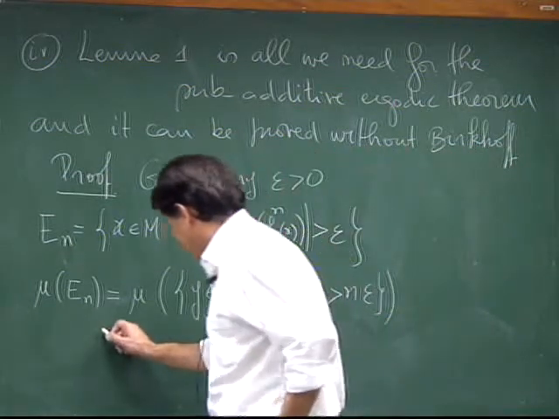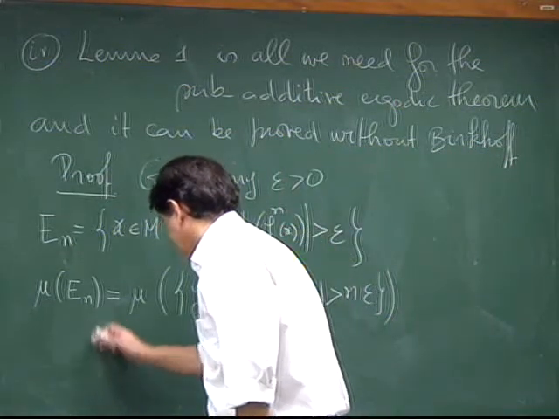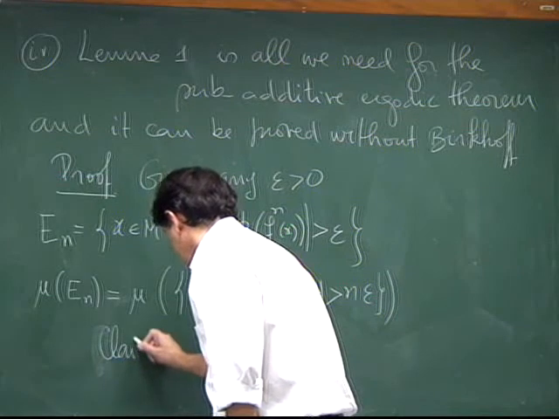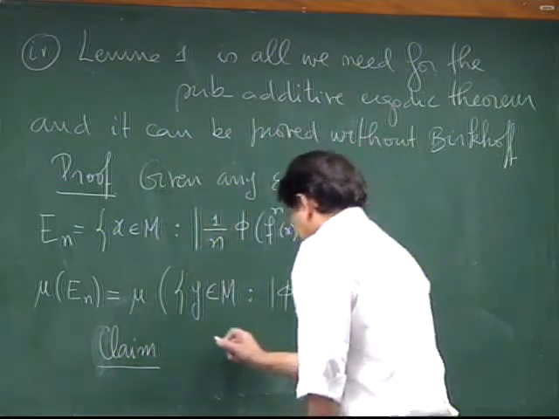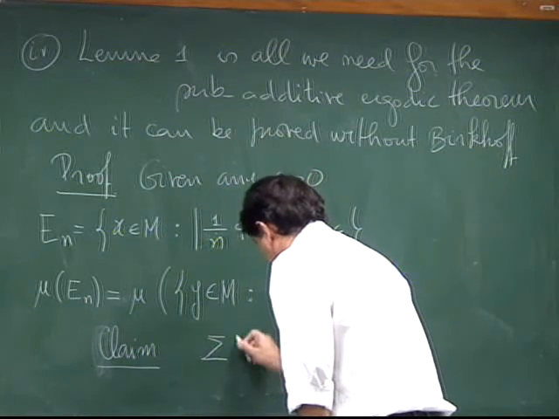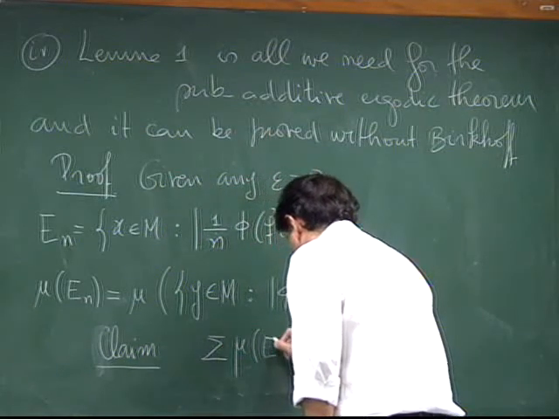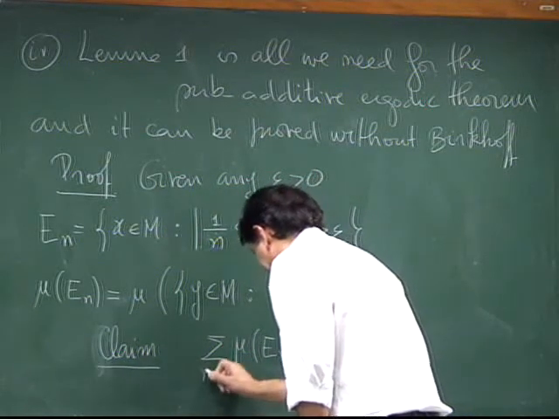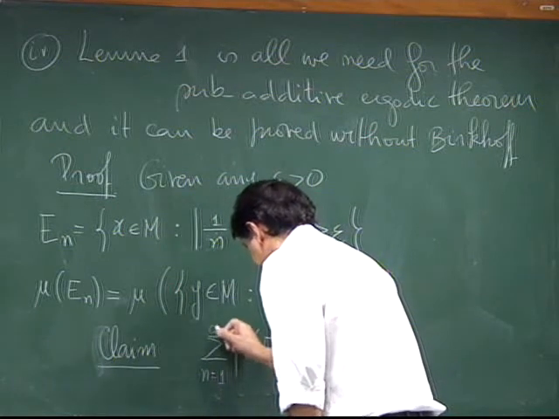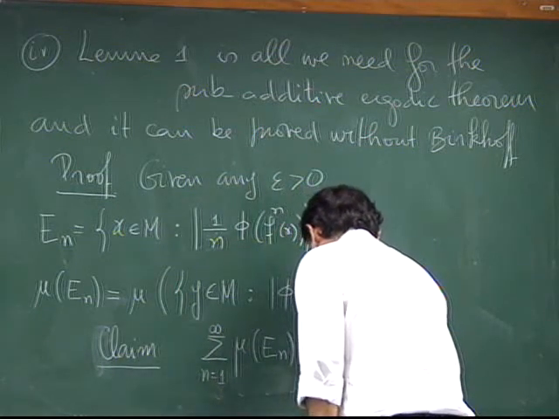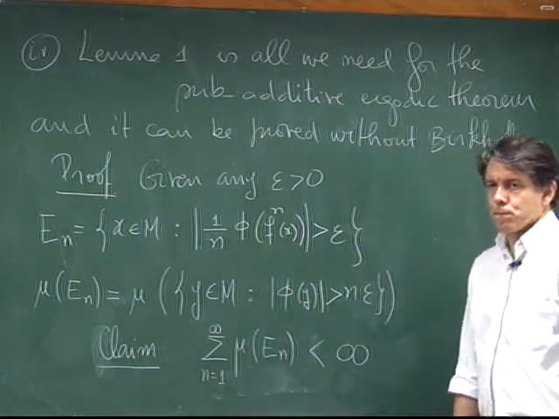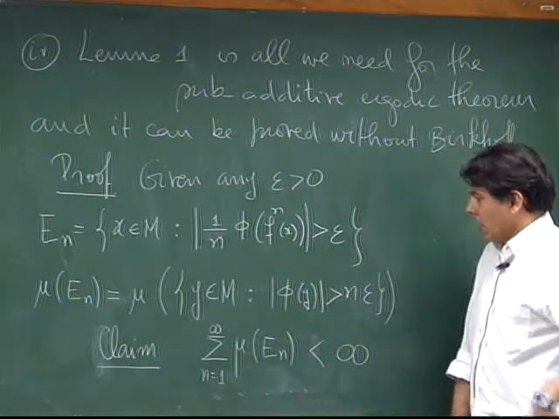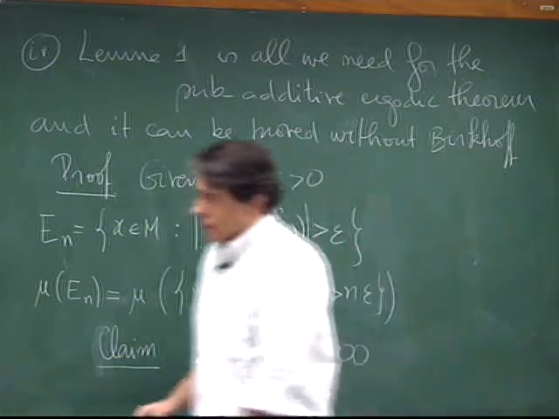Claim. The sum of the measures of these sets is finite. These sets, the measures go to 0.